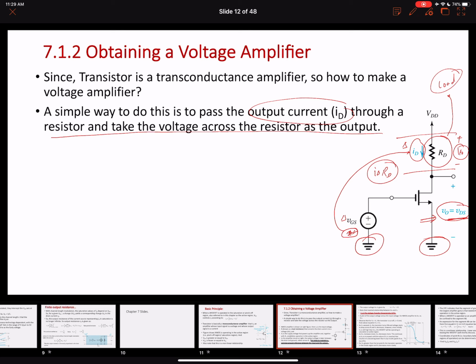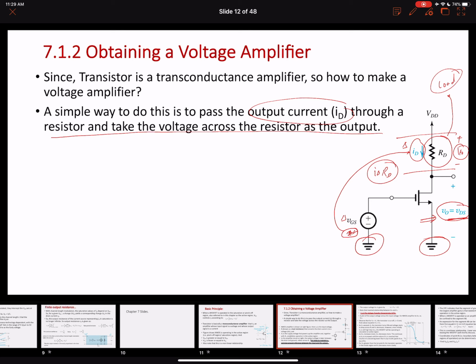We will see that this configuration allows us to use transistors in cascaded configurations and many other configurations. So having a common ground between input and output really helps a lot in circuit simplification and circuit building. That is why we ended up taking an output across the drain to source terminals as VDS, rather than across a resistor.